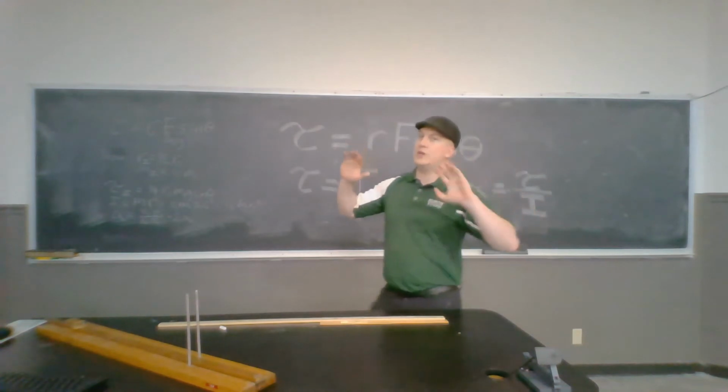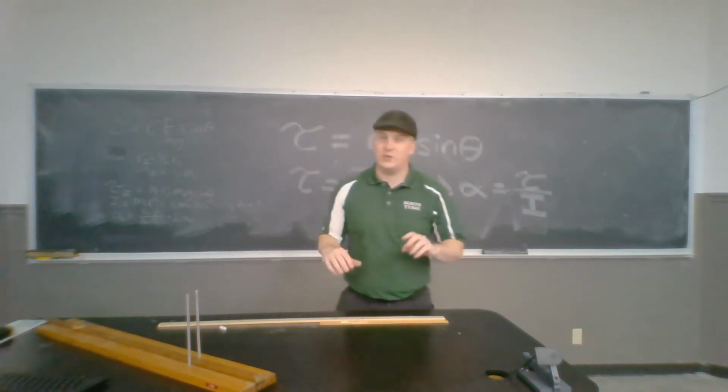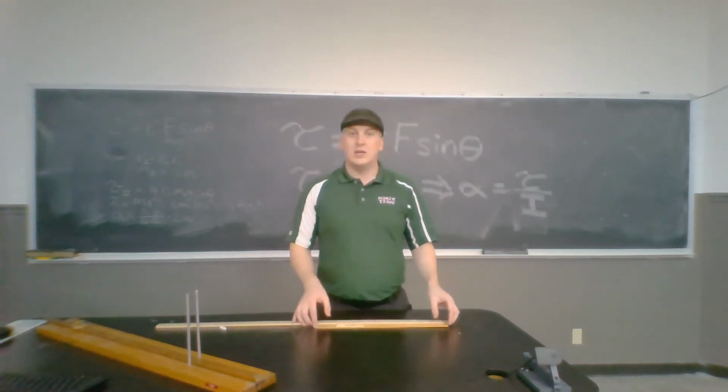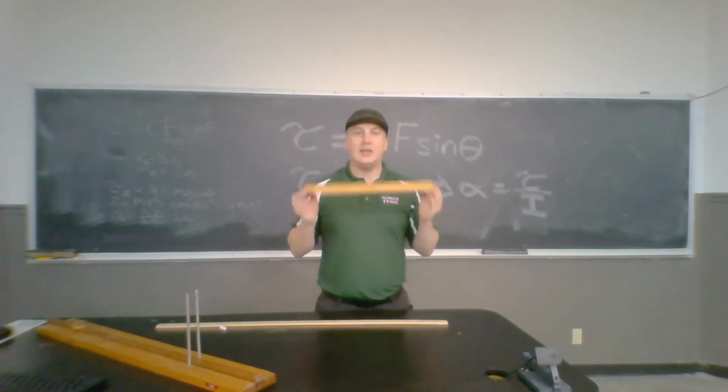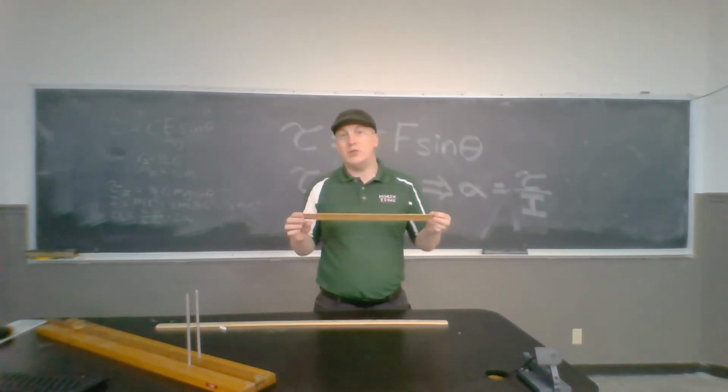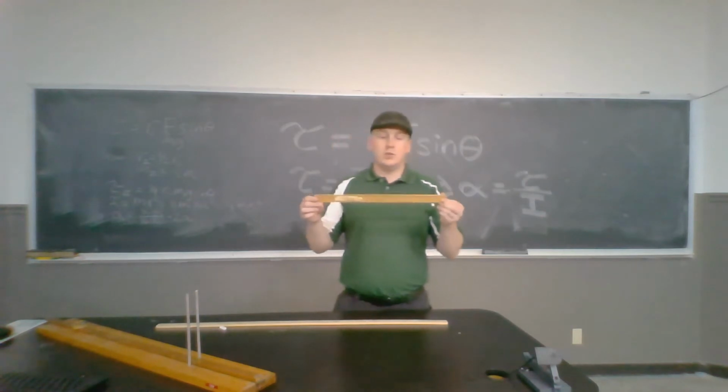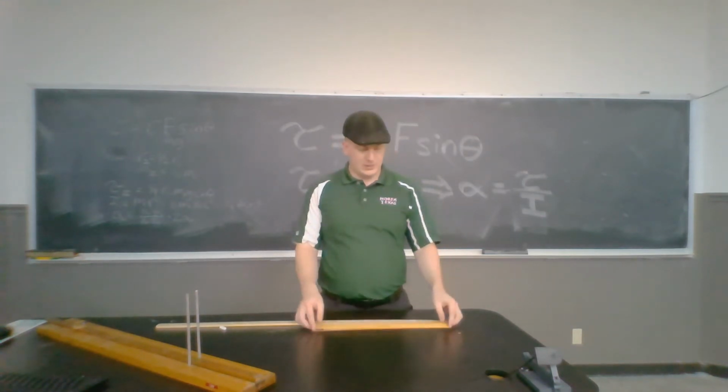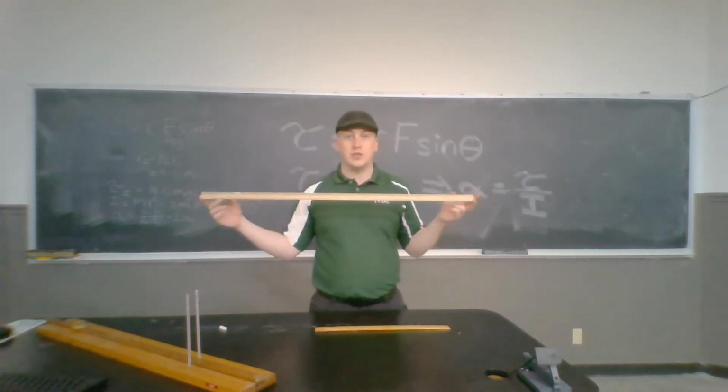To illustrate what I'm trying to talk about with these different angular accelerations, ideally this piece would be exactly half of a meter stick. I don't exactly have that on hand, so I have a thin ruler and I have a meter stick.